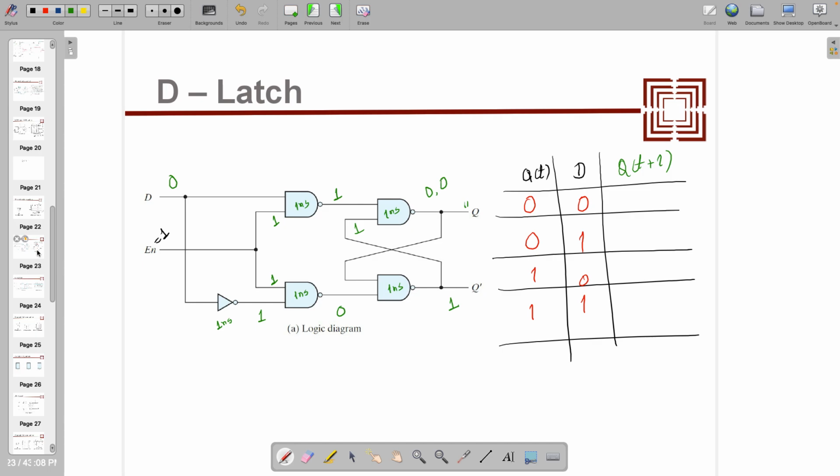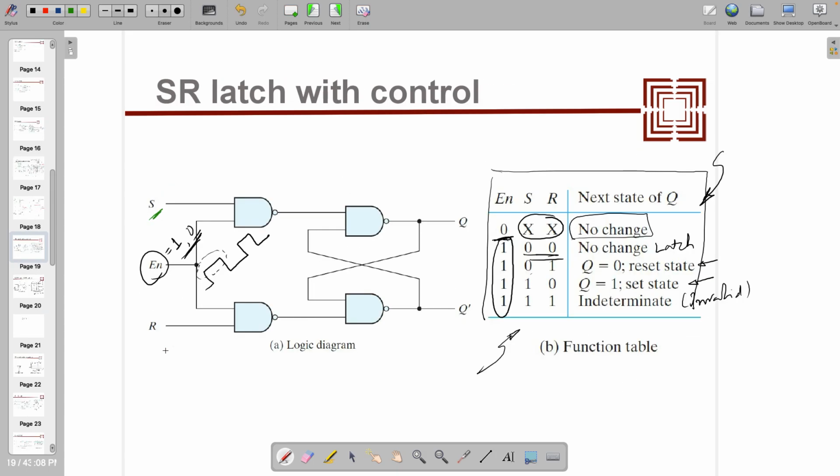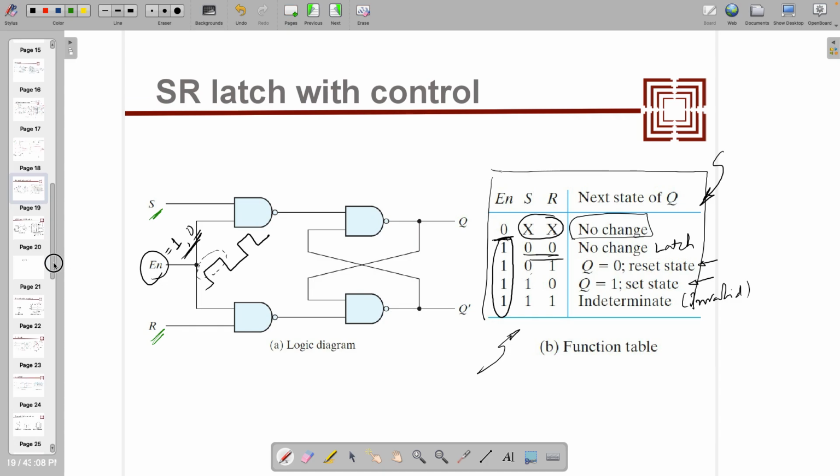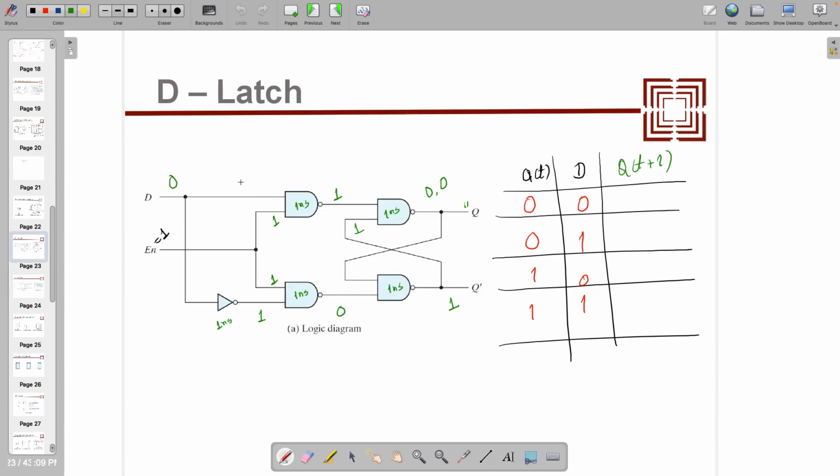If you observe over here, the previous one, this one was set and this one was reset. So this one is set and this one is reset, right?